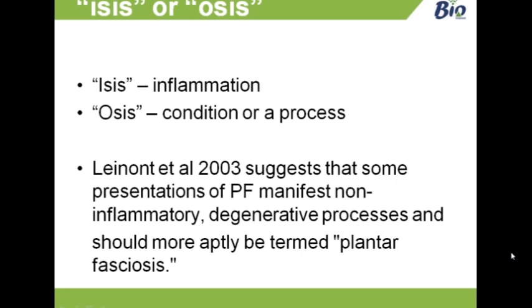So while sometimes there's an inflammation, this isn't always the case with every patient, and yet we still call it plantar fasciitis with the itis on the end. I guess this could explain why ice and anti-inflammatories are effective in some patients and not in others, but I've put this in there as food for thought. I'm not suggesting we change the name of it. It's just to highlight that there isn't always an inflammatory response. So if you've got a patient icing away and nothing's resolving it, that could well be why.